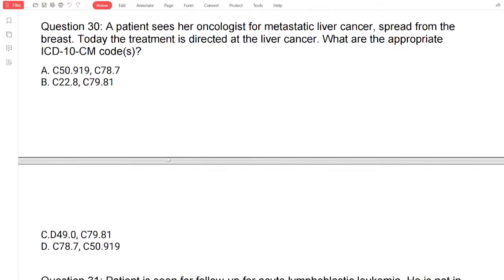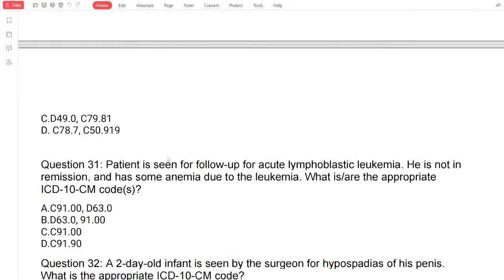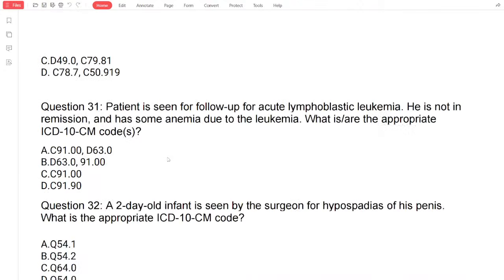Okay, so yeah, Mohini, Pramod, correct answer. Okay. 31.